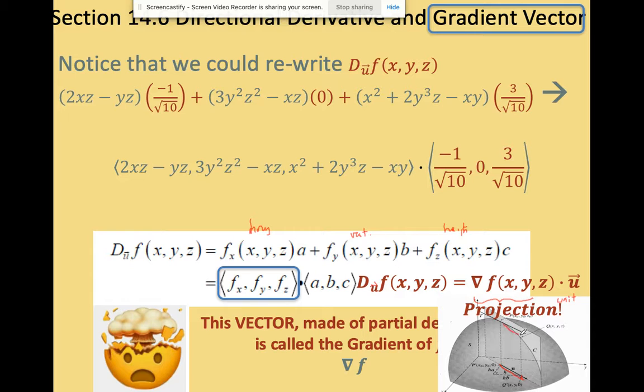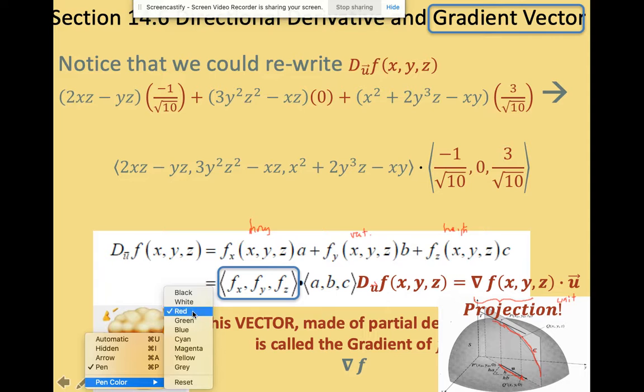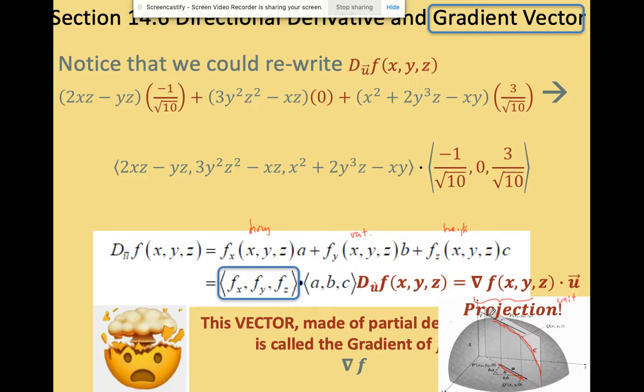Here is the curve C. The curve C created, it's the trace. Here's my tangent line. Here's the point P that the surface and the tangent line share.